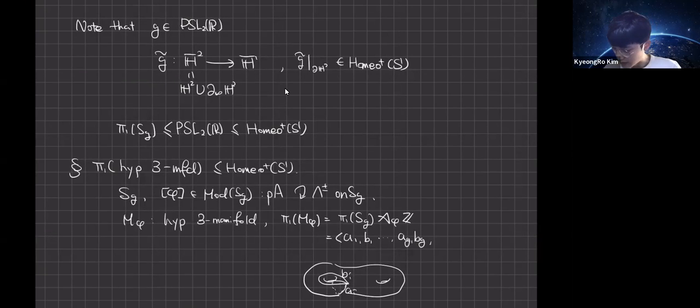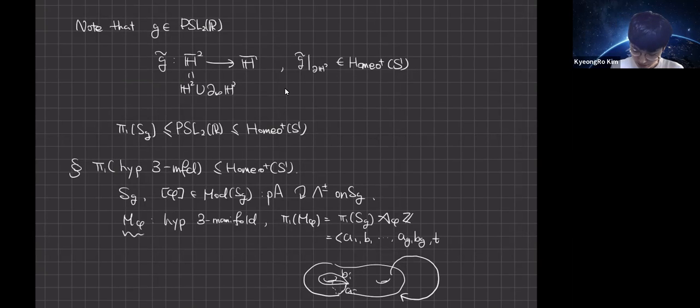Now we add an alphabet T. T is the generator along the fiber, along the mapping torus.